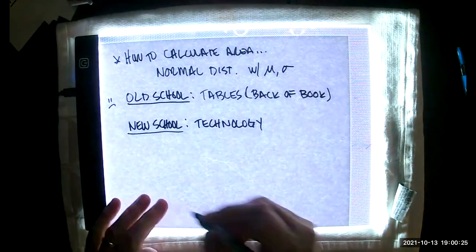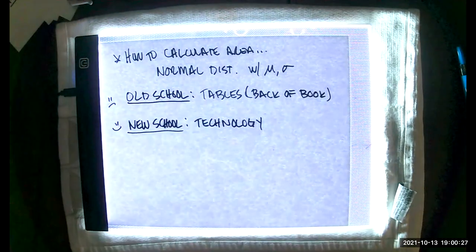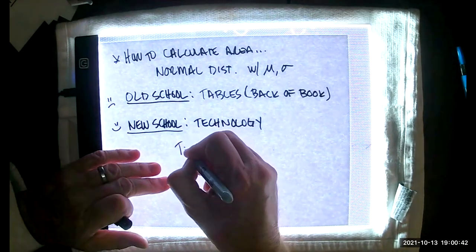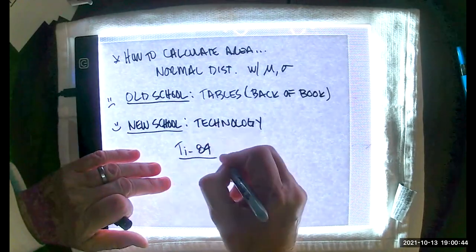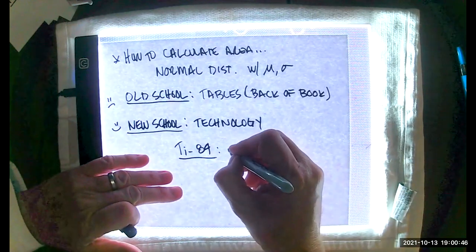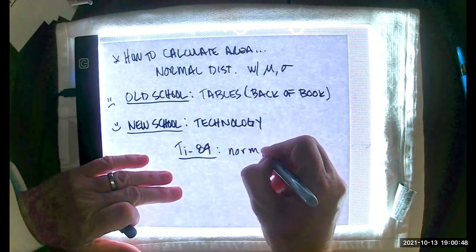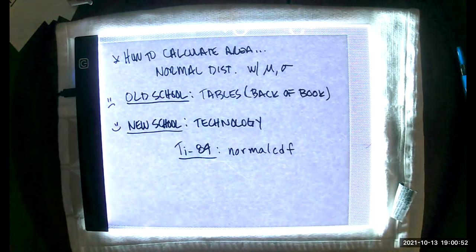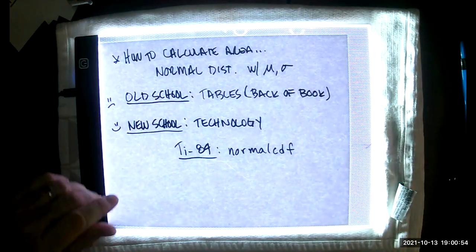New school is technology, and this we use a lot. So we're going to use our TI-84 to find area or probabilities here. And there are some tricks to doing that. For the TI-84, we use something called normalcdf.